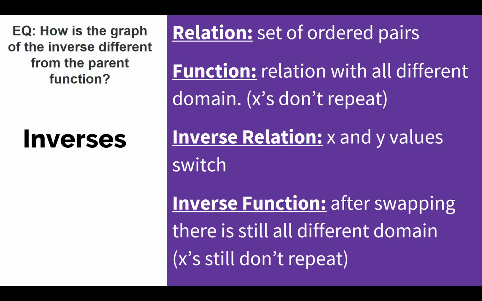After you switch, if your x's still don't repeat, then you call it an inverse function. But if you've switched them and some of your x's end up repeating, then it's just an inverse relation. So relation, x's repeat. Function, x's do not repeat.